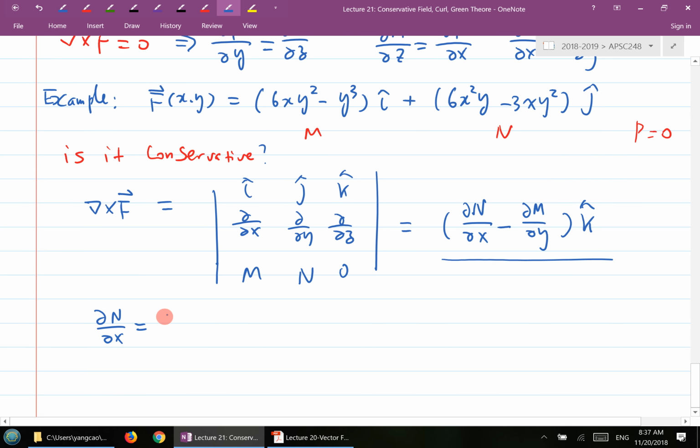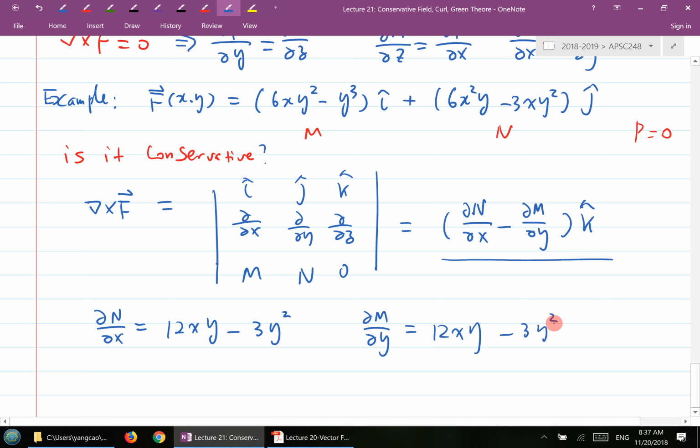Treating y as a constant, we get 6x squared, and then 12xy, and then 3y squared. And partial m over partial y, treating x as a constant, so 12xy. Your mind will continue to play tricks.